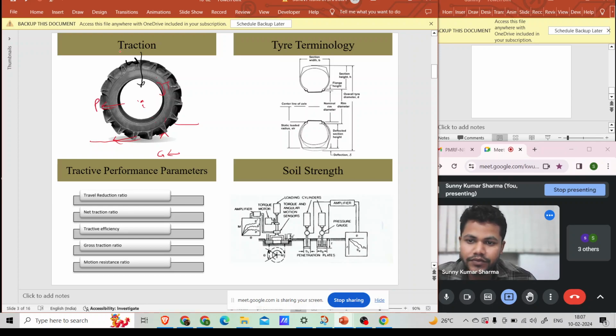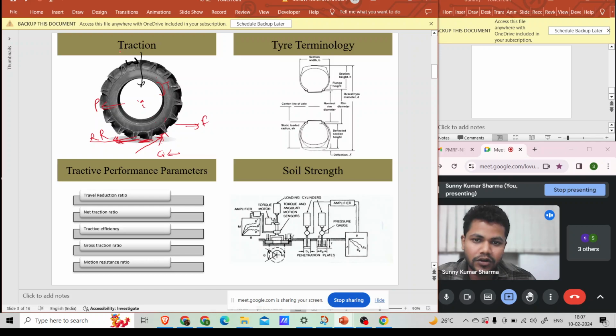Then the thrust which is developed at this contact area, say F, and some motion resistance is also coming at this contact surface. Then the ground reaction will now not be perpendicular; it will shift in this direction, which will balance the pull and torque coming on this tire.